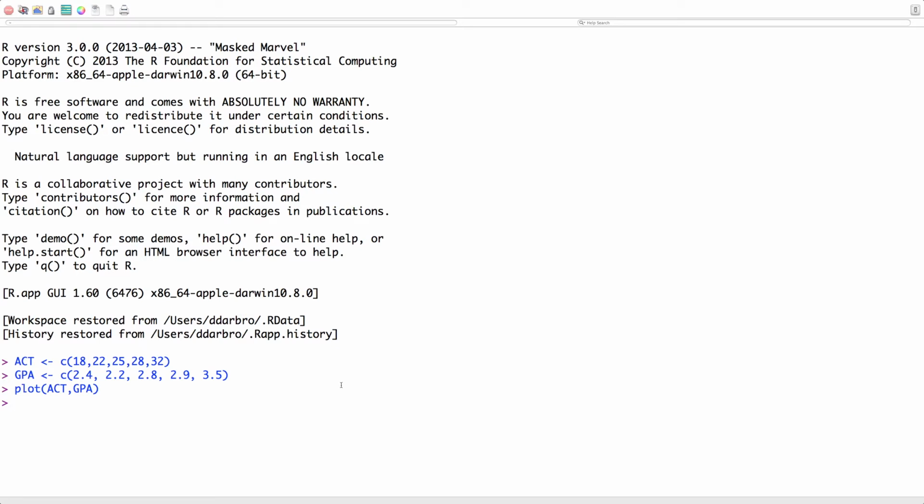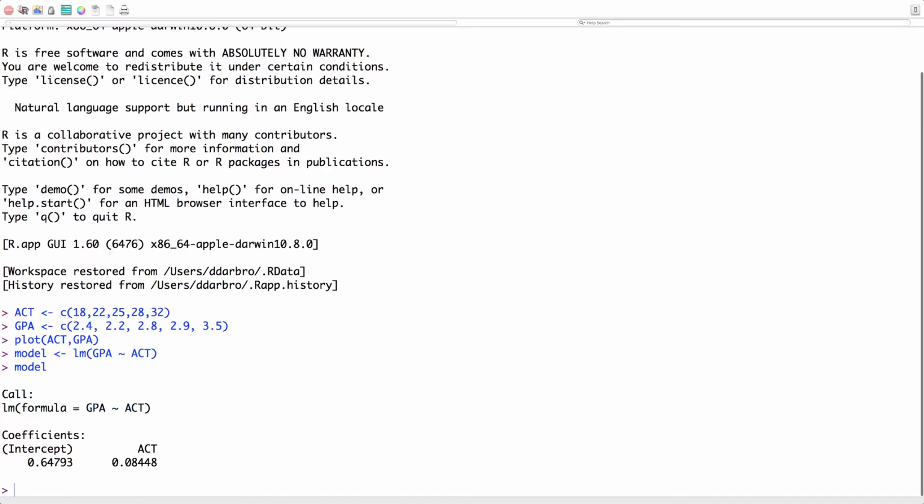So what I would want to do here is create our model, a linear model of GPA as a function of ACT. And we can see here that we get a B1 of 0.08448. That's pretty cool. That'll be easy to remember. Wasn't such a bad data set after all, right?